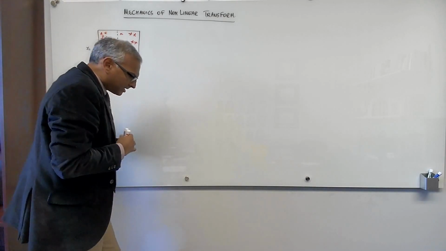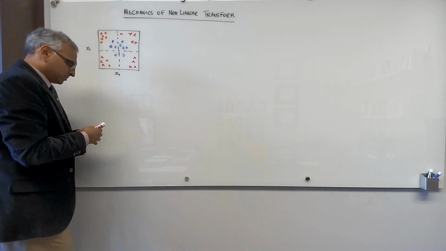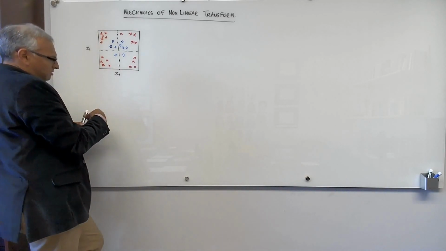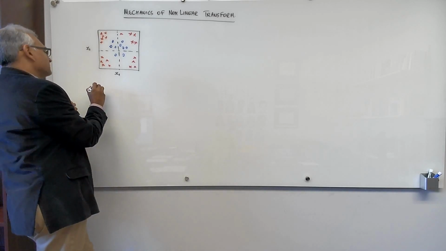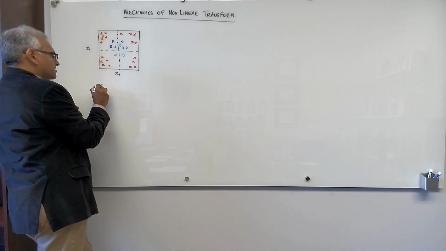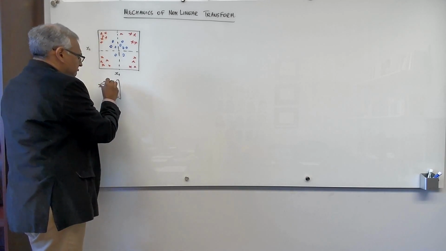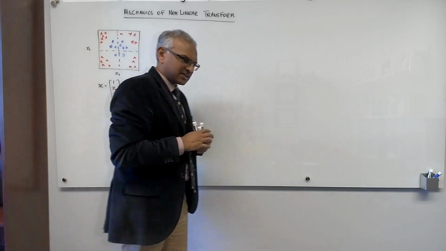So you can think about this as x1, x2, and my augmented feature x is 1, x1, x2. So that's the standard setup.